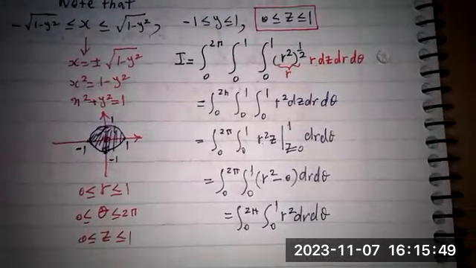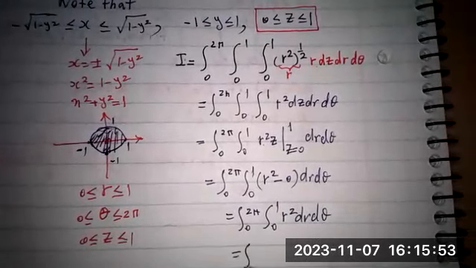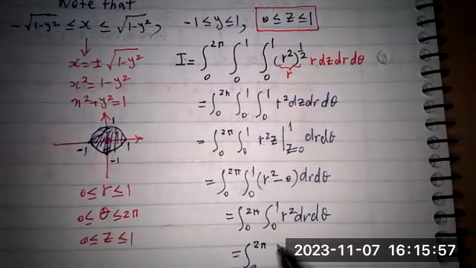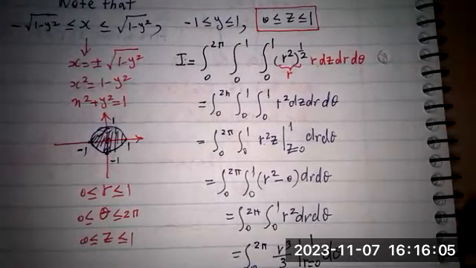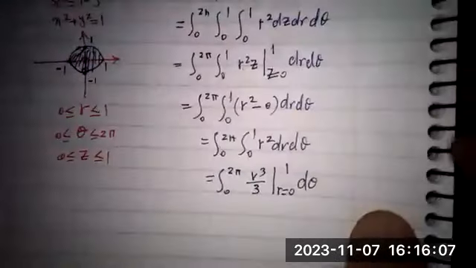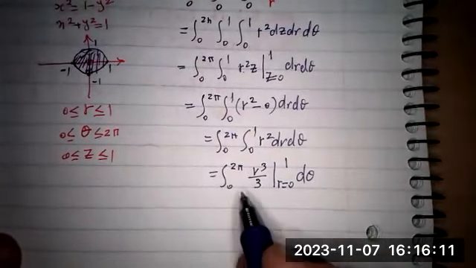Now we integrate with respect to r. The integral of r squared is just r cubed over 3. So 0 to 2 pi of r cubed over 3, with r going from 0 to 1, d theta. If you substitute r equal to 1, that gives just 1/3.